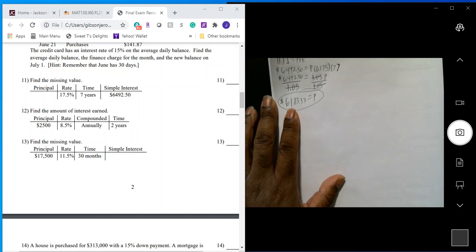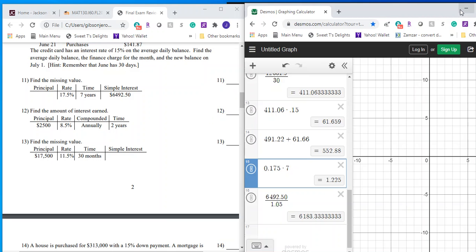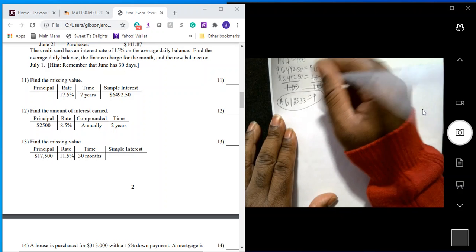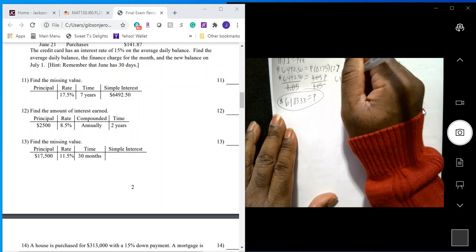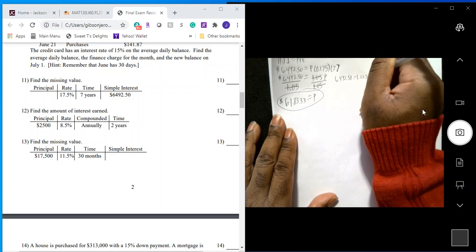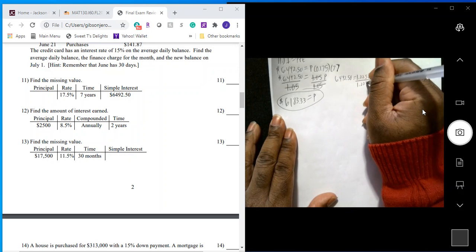So back in this calculator, it should have actually been 1.225. So we would actually have 6,492.50 is equal to 1.225 times P. Then we'll divide each side by 1.225.